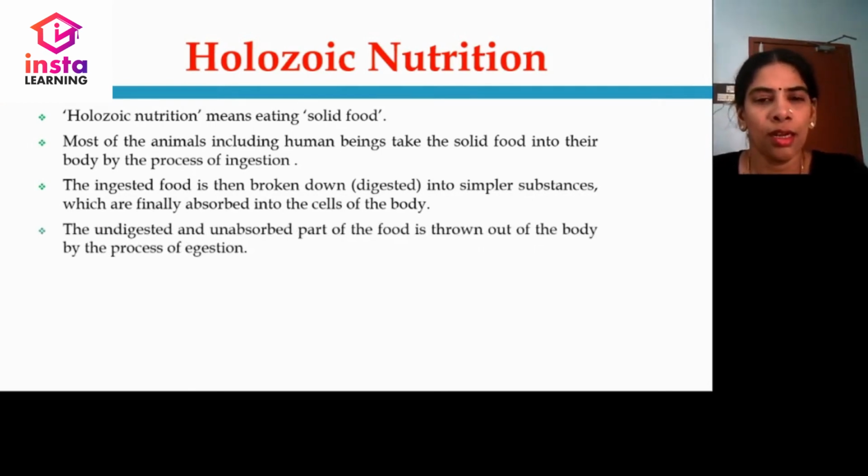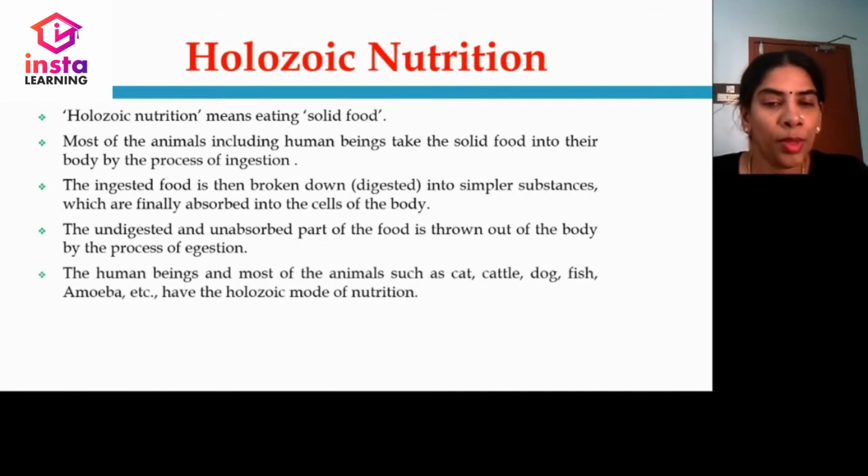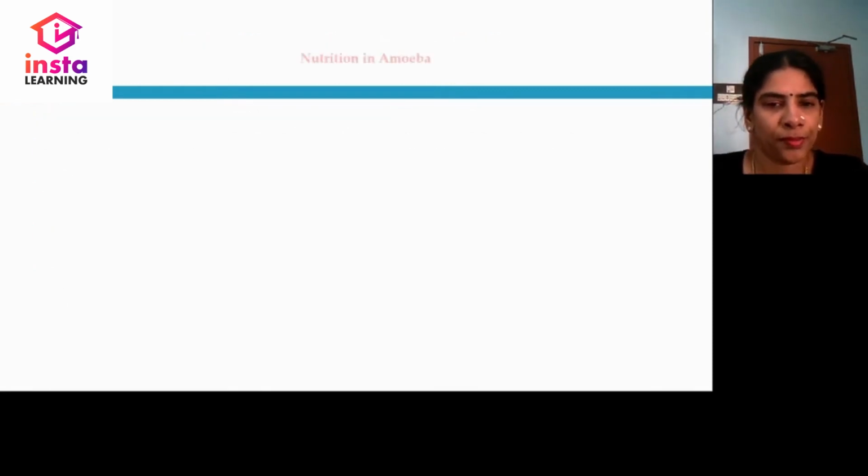The undigested and unabsorbed part of the food is thrown out of the body by the process of egestion. The human beings and most of the animals such as cat, cattle, dog, fish, amoeba, etc. follow the holozoic mode of nutrition.